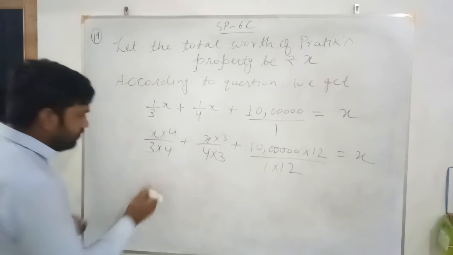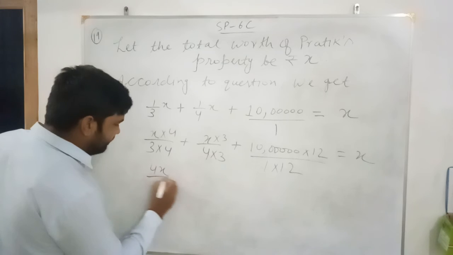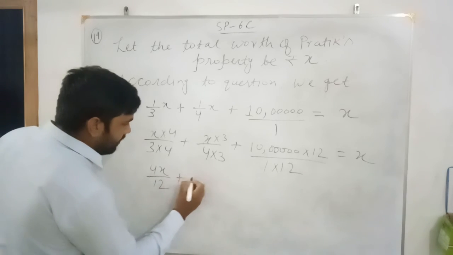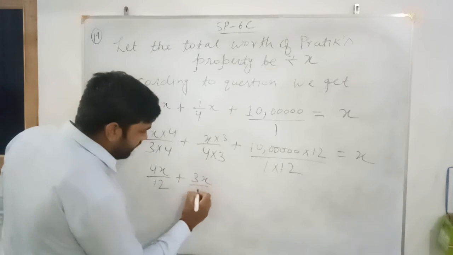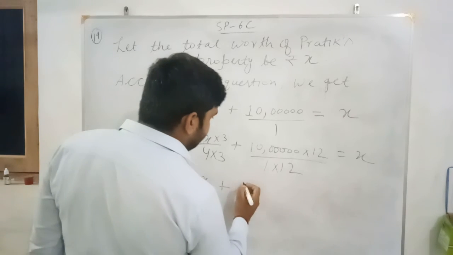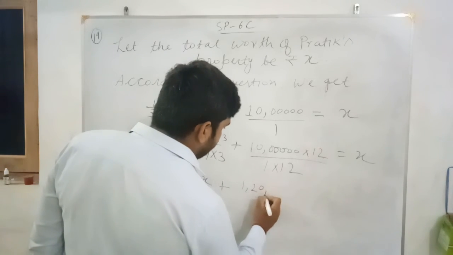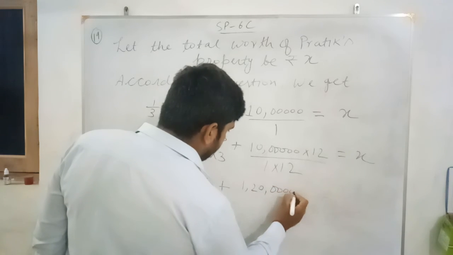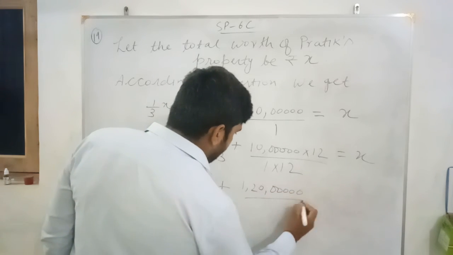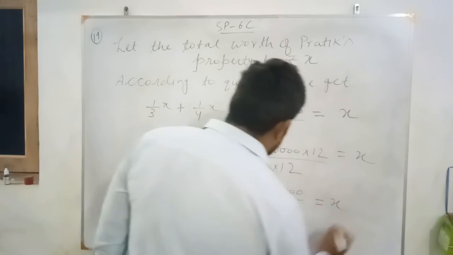Now x into 4, that is 4x upon 12, plus 3x upon 12, plus 10 into 12 is 120, that is 1 crore 20 lakh upon 12, equals x.